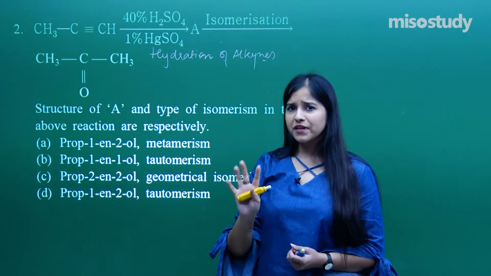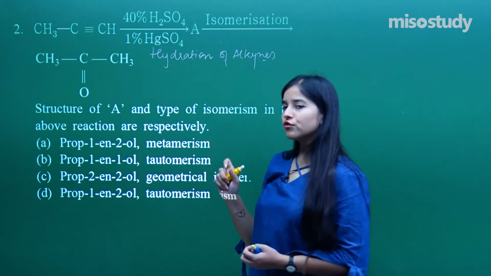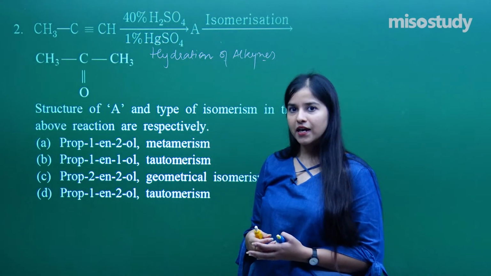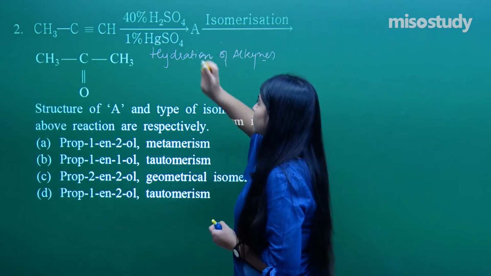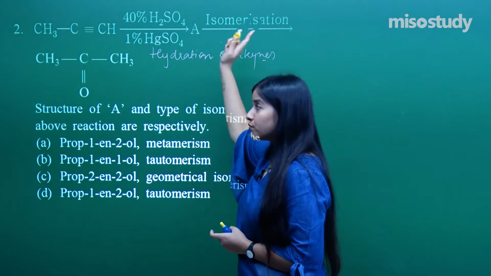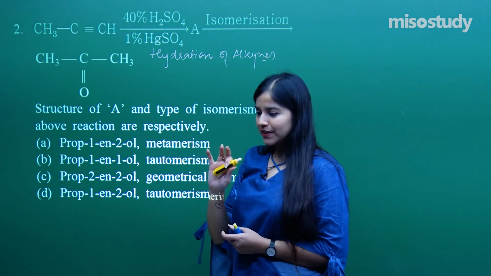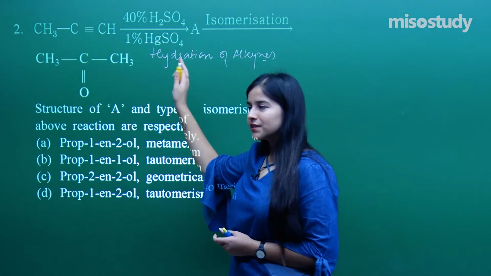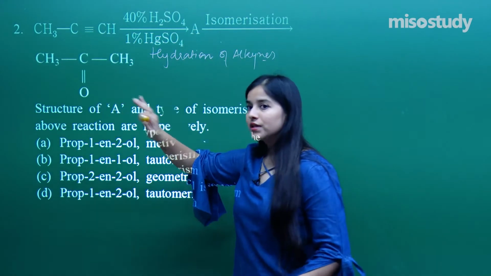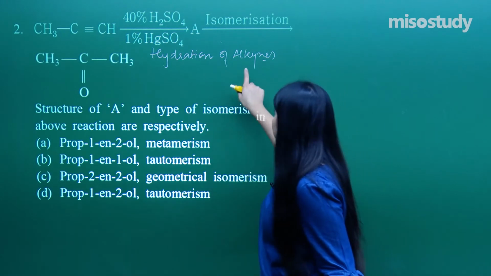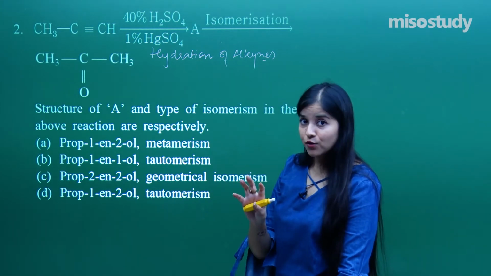That means OH must be getting attached, right? How? Because of the acidic nature present in the reaction. So due to that, a product A will be formed and A will isomerize to give a ketone, acetone, right? A little idea I am getting through this mechanism is that it has been isomerized into a ketone, and as I told you, hydration will give an OH attached onto the molecule.